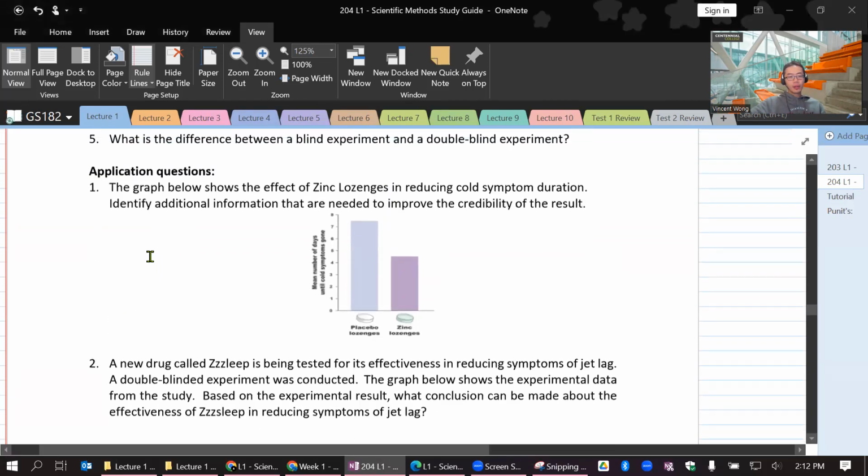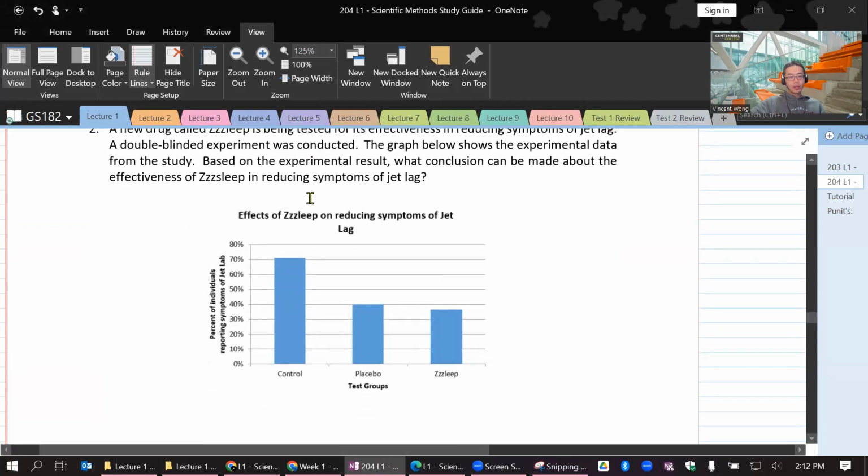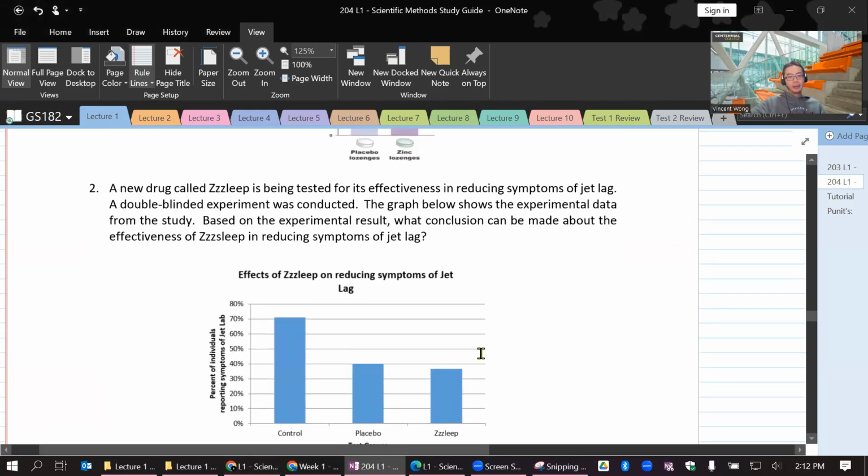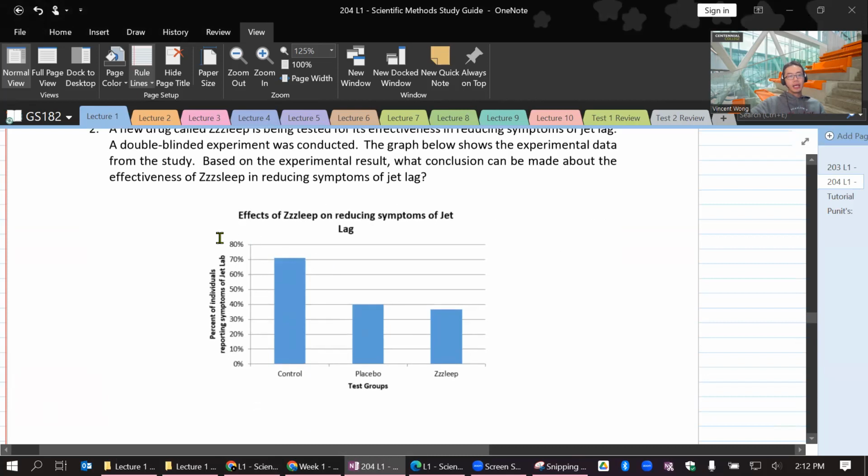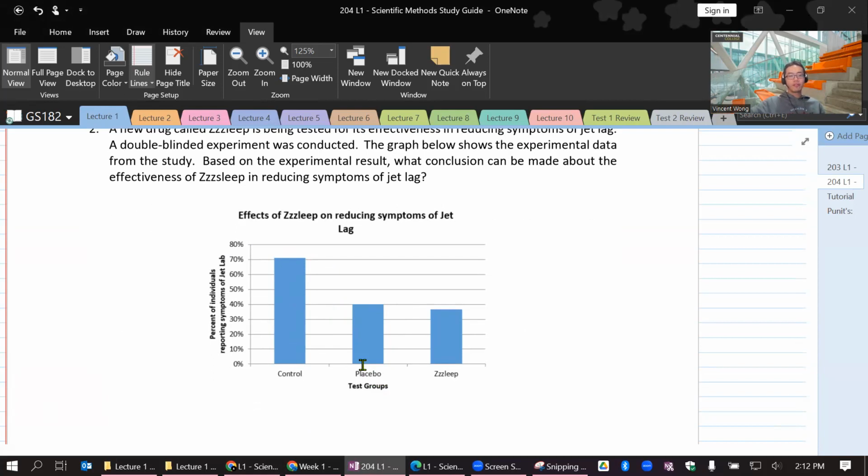Let's see what else there is. Okay, so this is another thing that we talked about in class, in the PowerPoint slides, the jet lag example I was telling you about. So the control group would receive no sleeping pills. The placebo group would receive a sugar pill. So you tell these people, you take the pill, it will help you sleep, it will fix your jet lag.